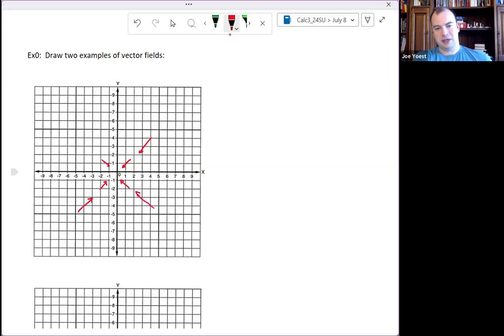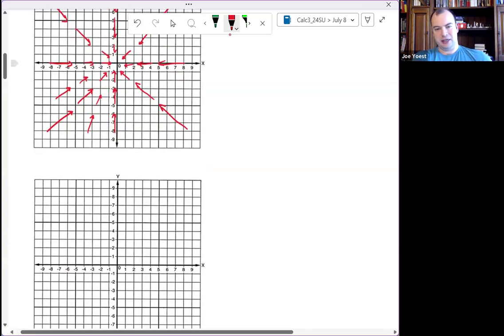A bit further away, maybe they get a larger magnitude, and further away still, an even larger magnitude. And I think you get the idea. I could fill in the other 6 little slices there with similar vectors to these 4 that I just most recently drew, but I think you get the idea here.